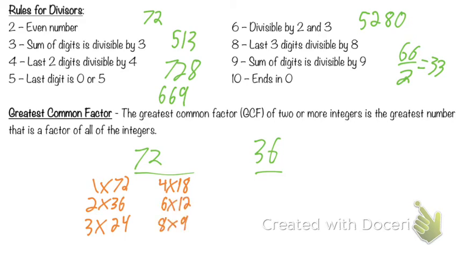What are the factors of 36? Let's walk through these. We know 1 and 36, that's kind of a freebie every time. 2 goes into it. So now we just need to figure out how many times. 13 would be 2 times, which is 26. So 2 goes into it. What's half of 36?